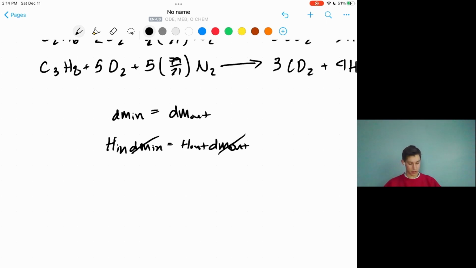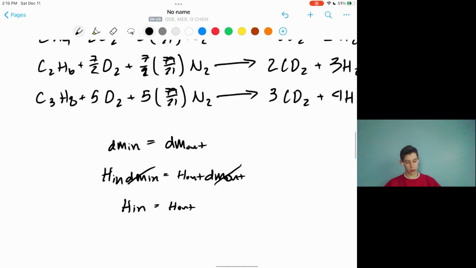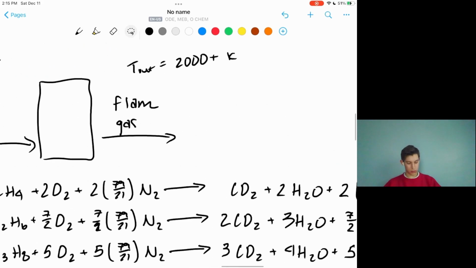And then essentially the masses cancel because they're equal. So we know the enthalpy going in, what's the enthalpy going out. However, since we are going from this temperature here, 298, to over 2000 Kelvin, that's a pretty significant temperature change.